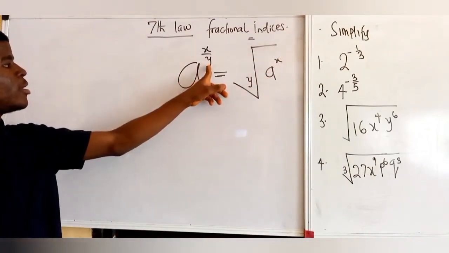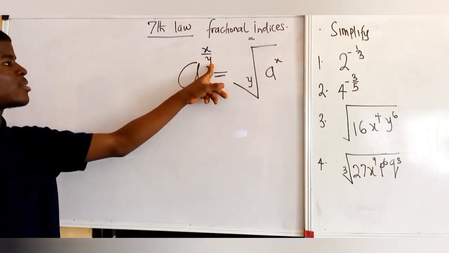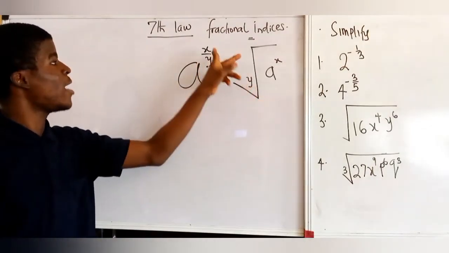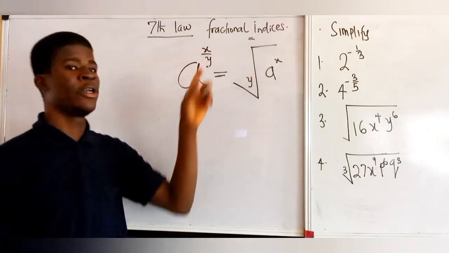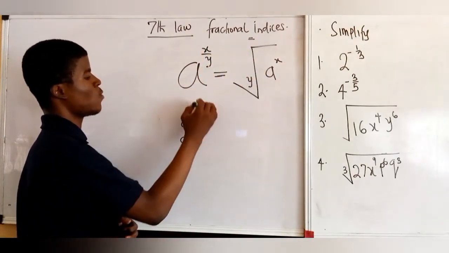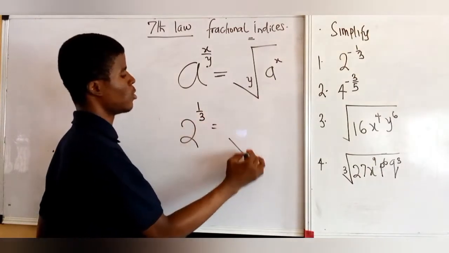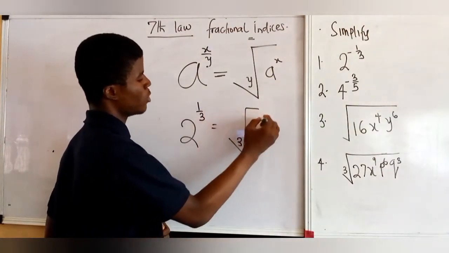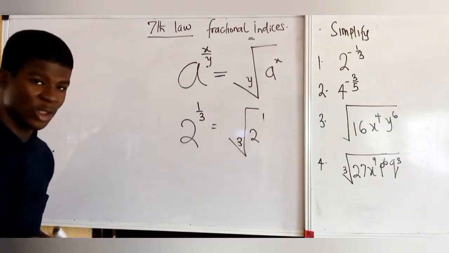That is, the term that serves as the denominator will form the root, while the numerator will be the general power. So it means that if I have 2 raised to the power of 1 over 3, the 3 here will form the root, that's the cube root of 2, all raised to the power of 1. That's what it means.